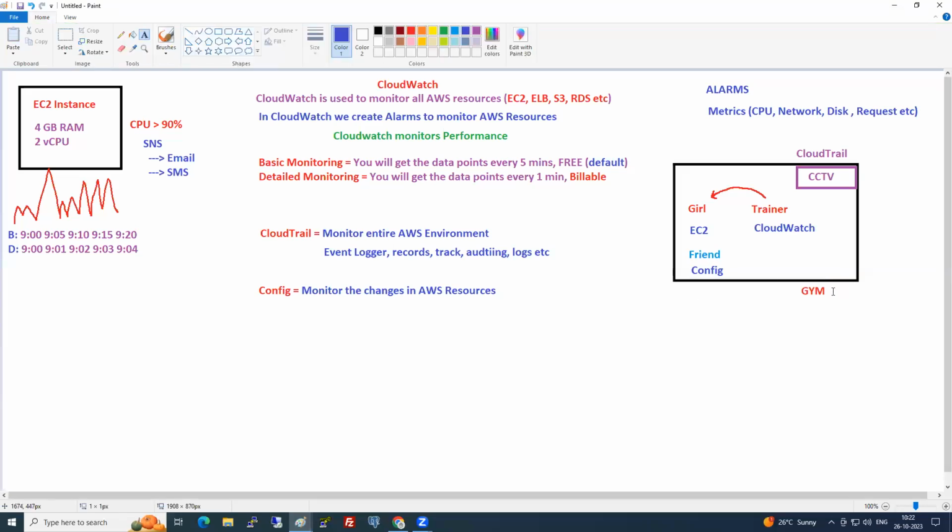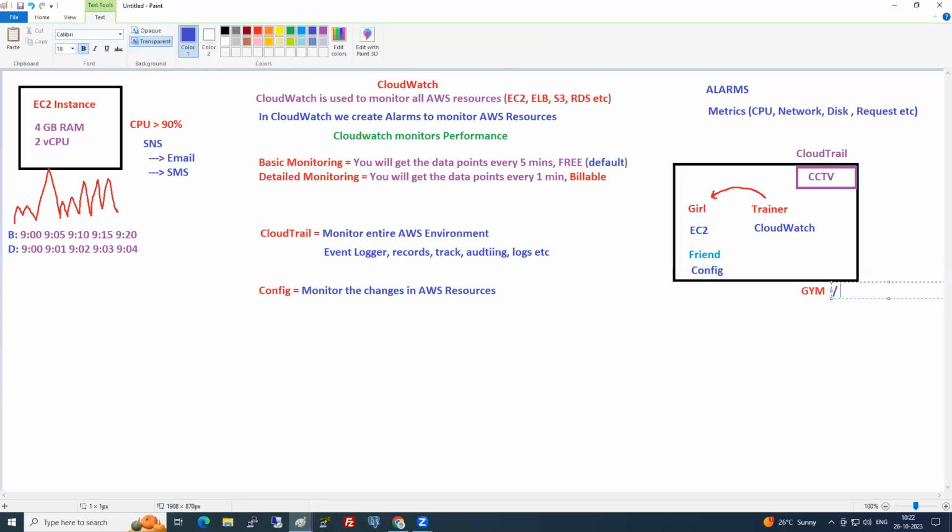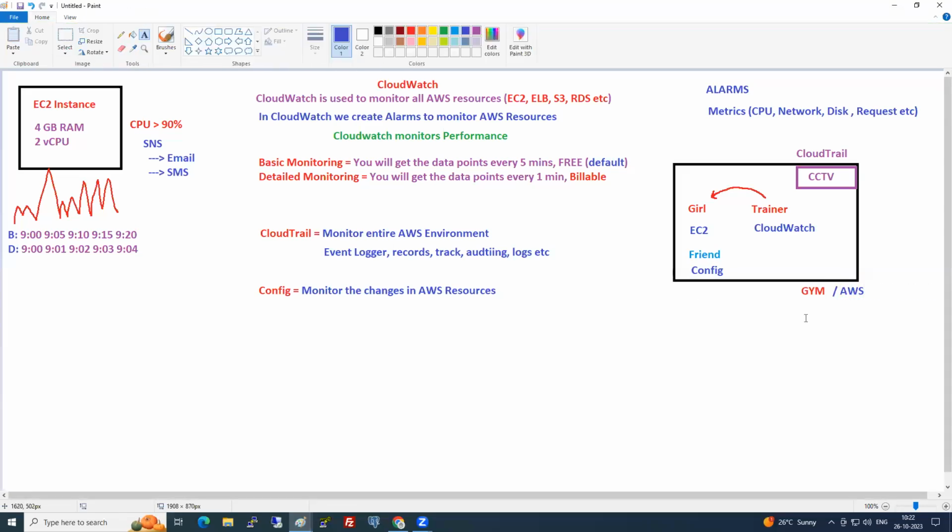So if you take this entire gym as the AWS example, the CCTV is the CloudTrail. So CloudTrail monitors whatever is happening in the entire AWS. And if you want to monitor the performance of a particular resource, CloudWatch. And if you want to monitor the changes happening, we'll go to our friend.